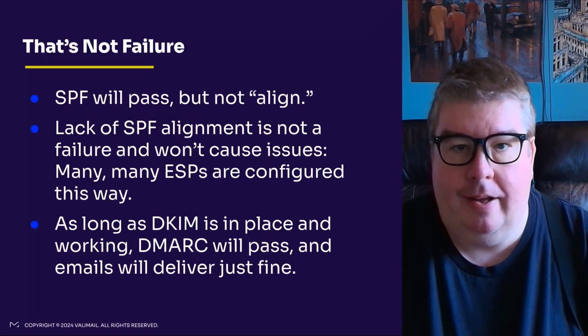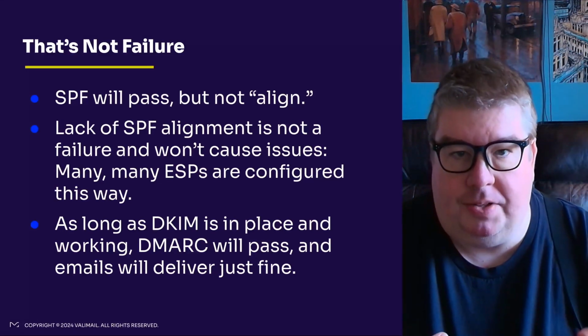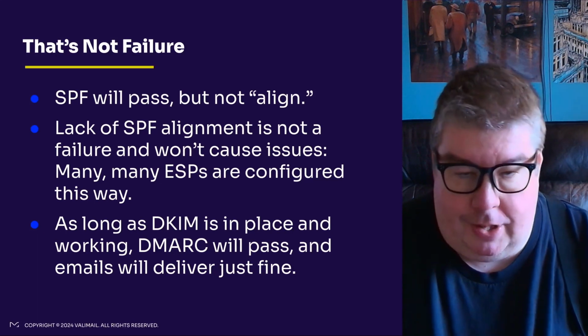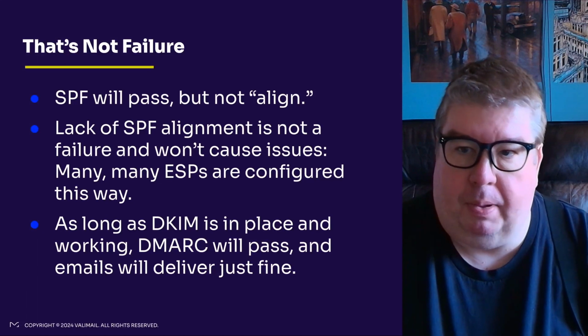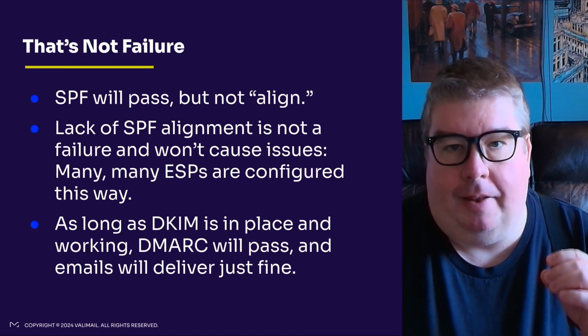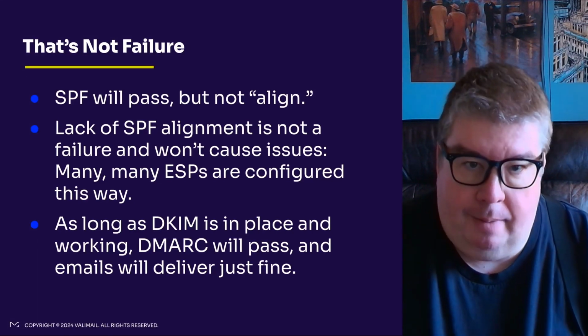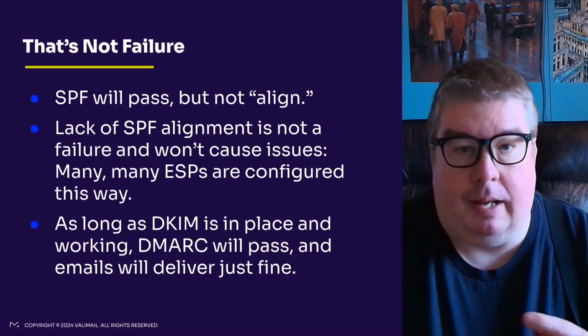That's how they track bounces. They make it so that bounces and rejections will come back to them instead of going to the person on the from address, because they want the automation to handle the bounce processing. They don't want to overload the mailbox of the person who actually authored the message. And the reason that works is because, as long as DKIM, DomainKeys Identified Mail, is in place and working, DMARC is going to pass.